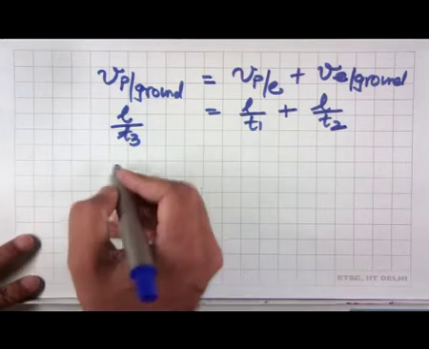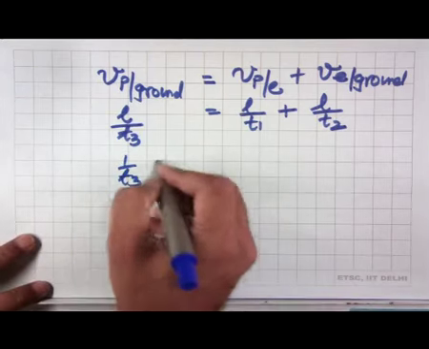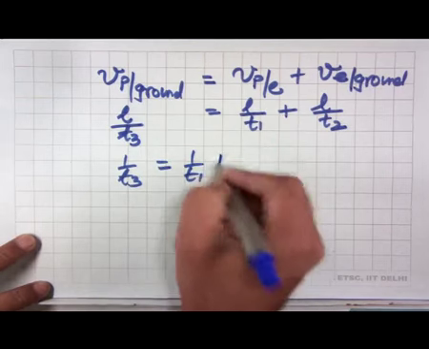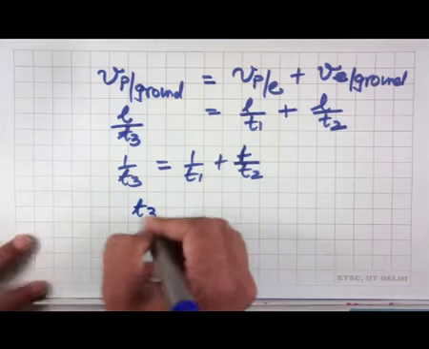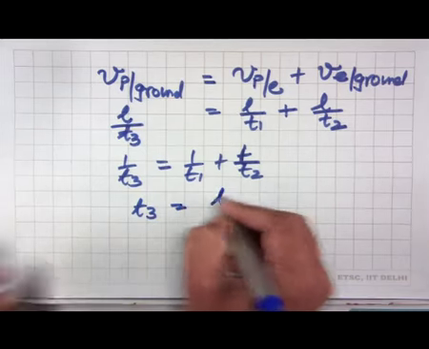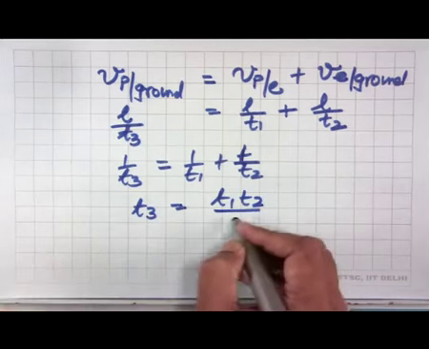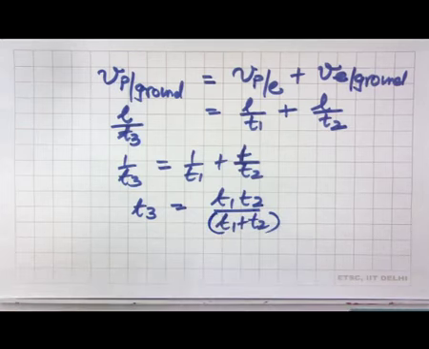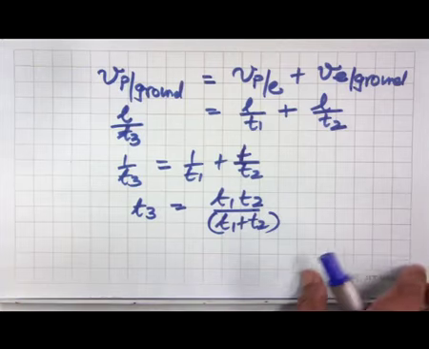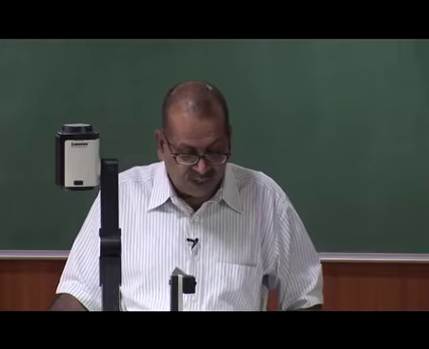So, from here what we get is 1 upon T3 is equal to 1 upon T1 plus 1 upon T2, and we can get T3 is equal to T1 T2 upon T1 plus T2, and we realize the final answer here is independent of L. So, we can find the time taken by the person on the moving escalator.